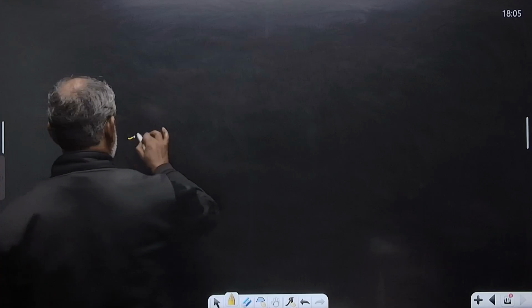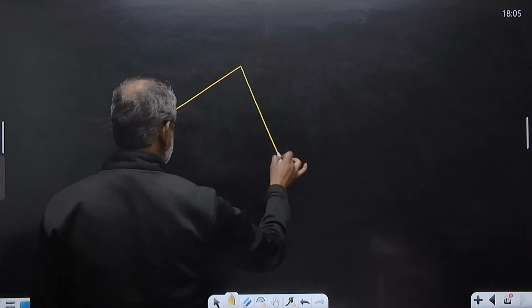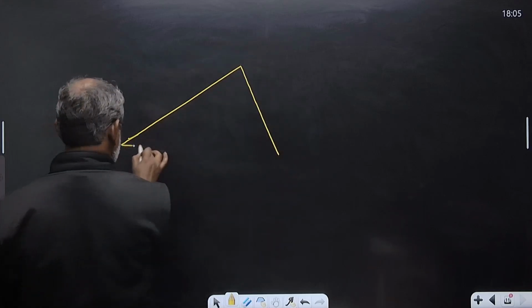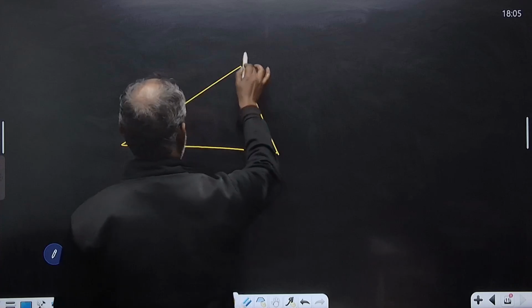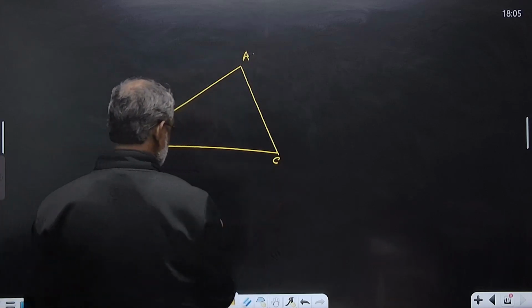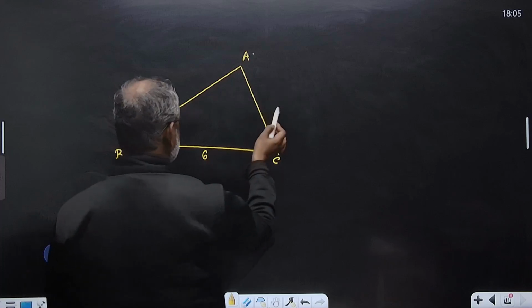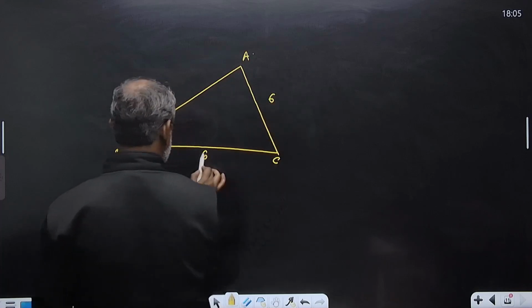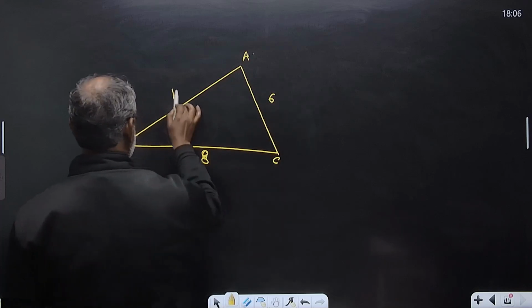Suppose you are given a triangle ABC. So this is length 6, 8, 10.